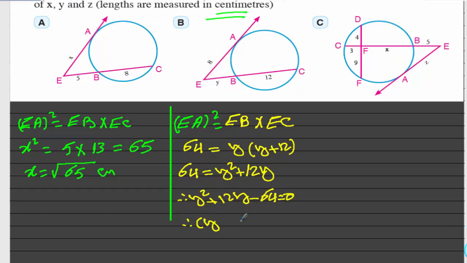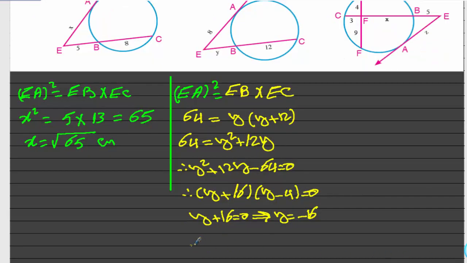So we factorize this. Y plus 16 multiply Y minus 4, since 64 is 16 multiply 4. Of course, you can always use the calculator. So Y plus 16 equals 0 means Y equals negative 16, it is refused.